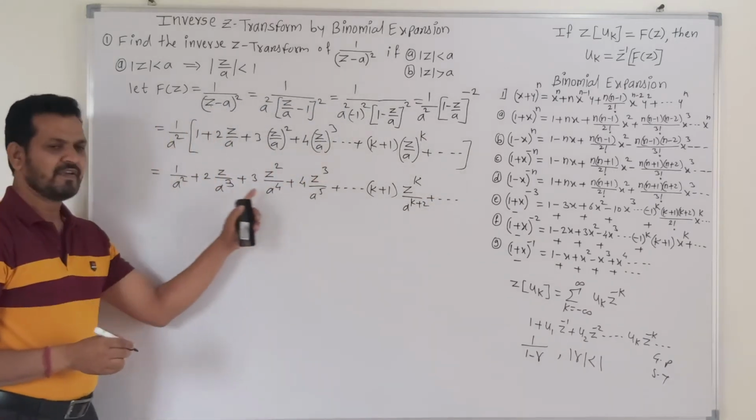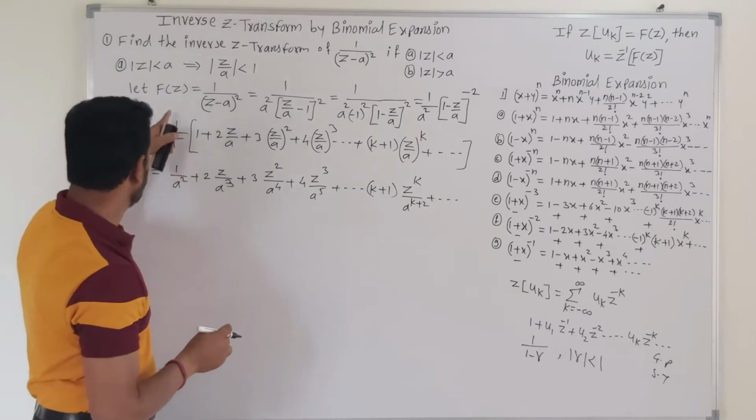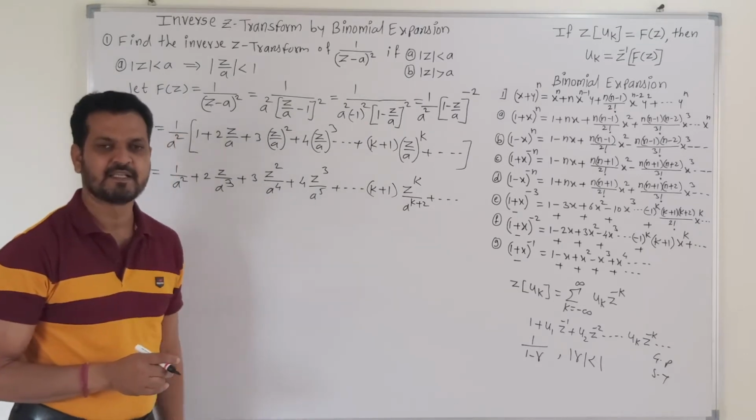So in this way we get the expansion of this term after taking 1 upon a square inside the bracket.